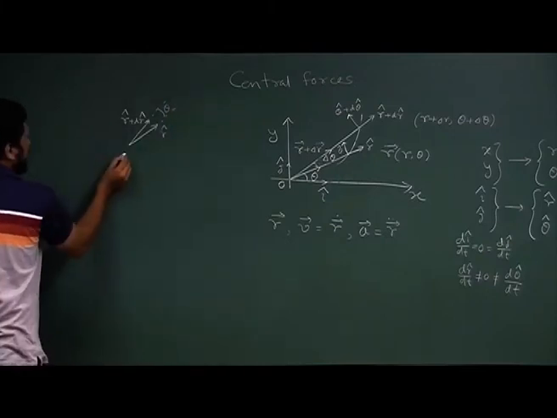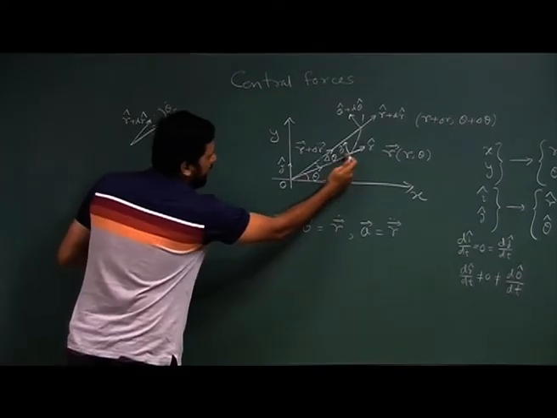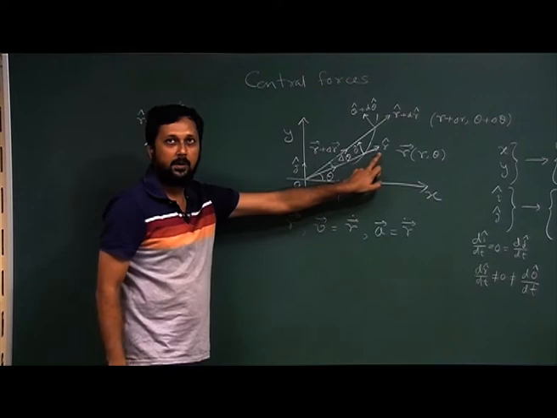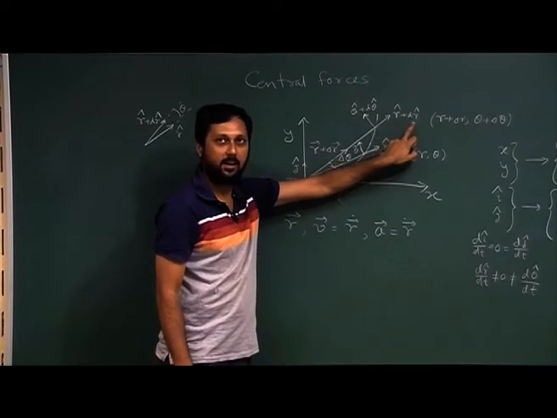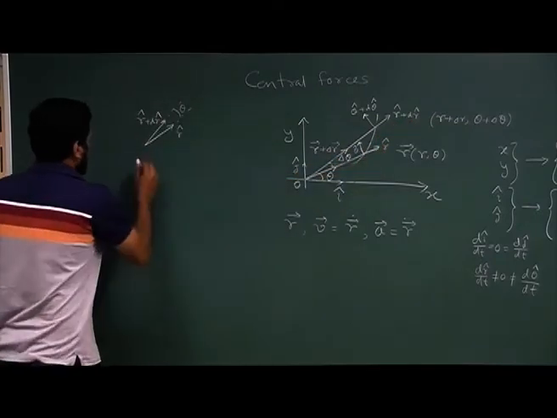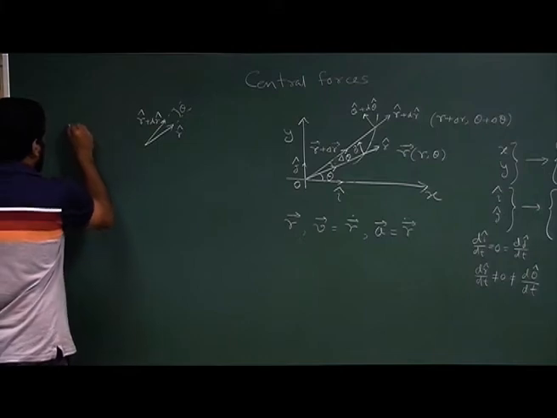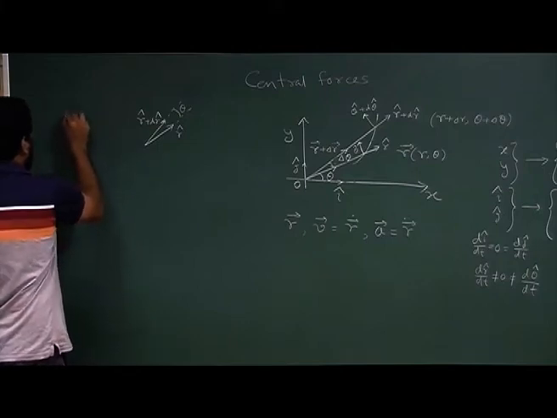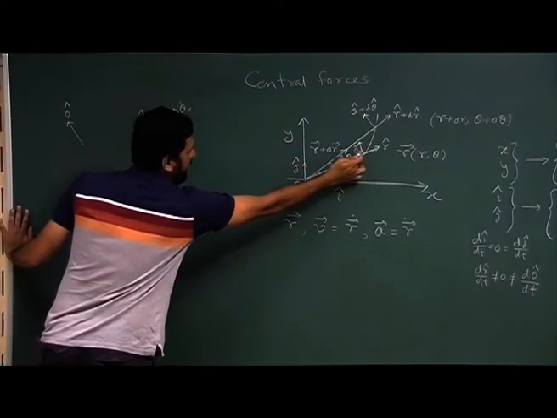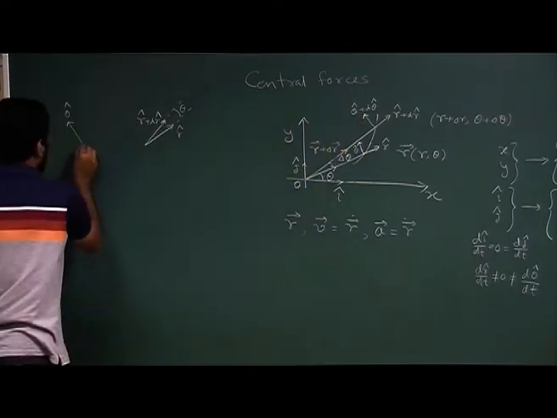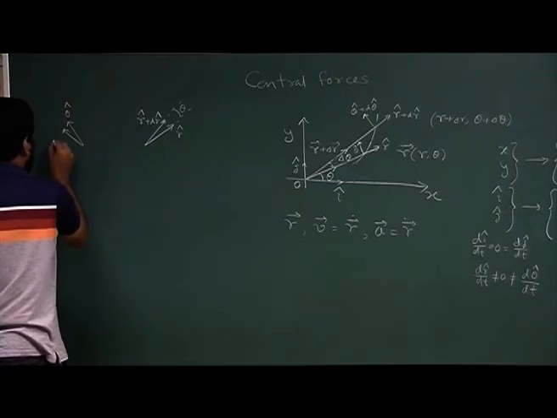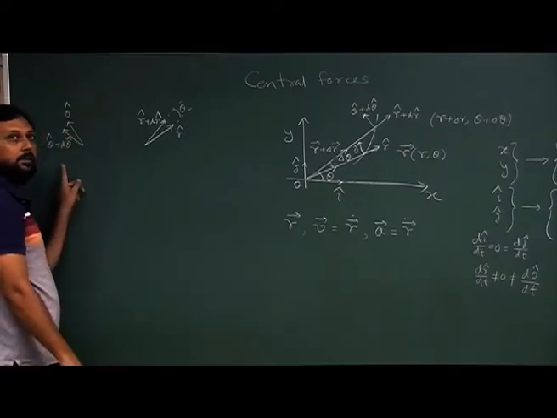Similarly, if we draw theta cap, please remember that theta cap is perpendicular to r cap, and theta cap plus d theta cap is perpendicular to r cap plus dr cap. So, if we draw this, my theta cap will be in this direction. Let us say I am shifting this vector to here and this vector next to it. So, this is your theta cap plus d theta cap.